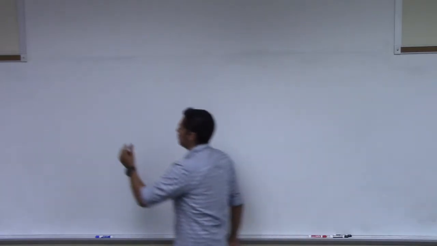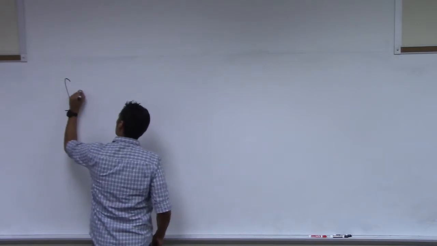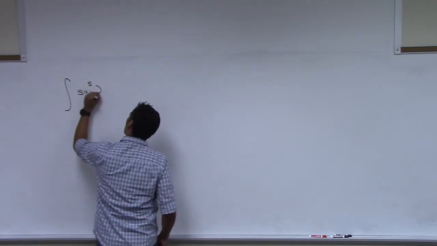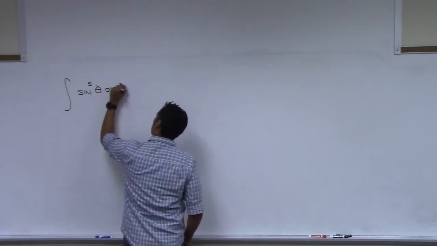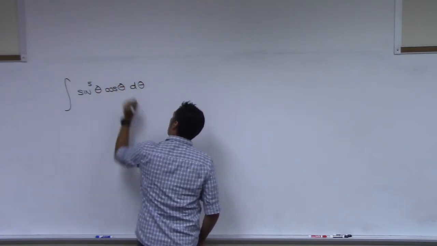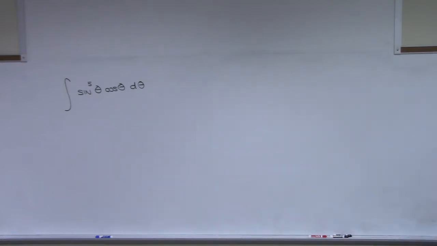How about this one? All right, I'm using thetas instead of x's. You comfortable with that? That's sine to the 5th power of theta times cosine theta d theta.